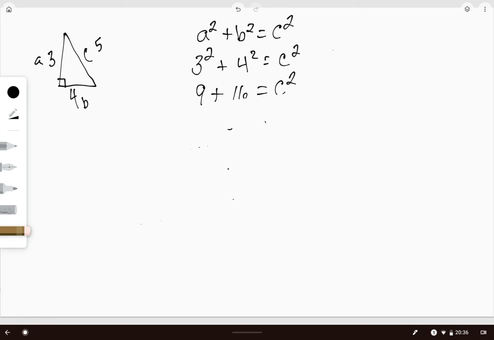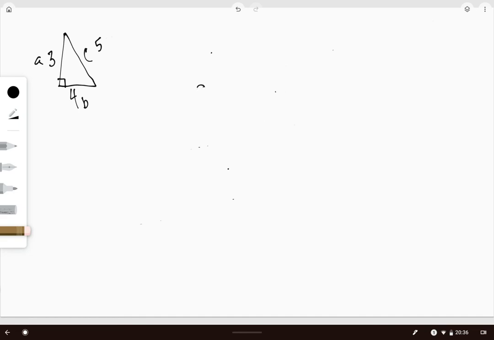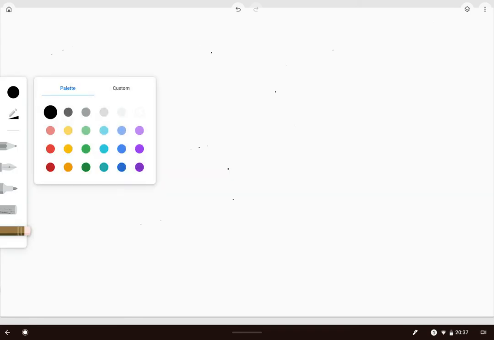So if you want to, you can go back and write down the second example in your notebook. And this one was 12 and 5.